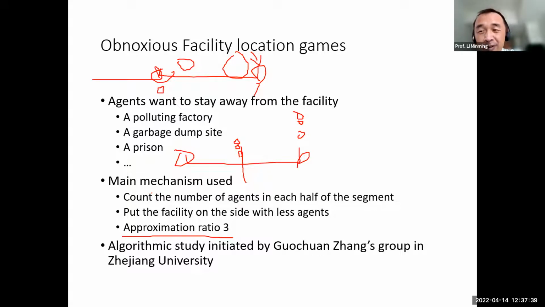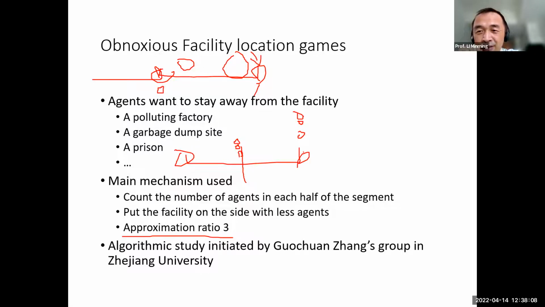Here, voting is strategy proof, because you can imagine if somebody likes the facility to be on the right, he will never vote for left. Voting for left will be harmful to his own group, right? It will have less chance of making the facility on the right, and therefore nobody will risk voting on the opposite side. But if you take the optimal solution, then people will manipulate.